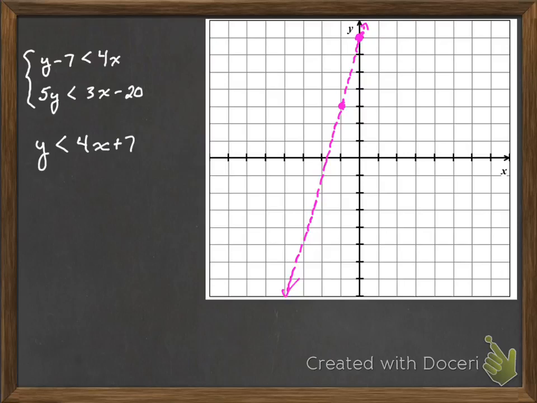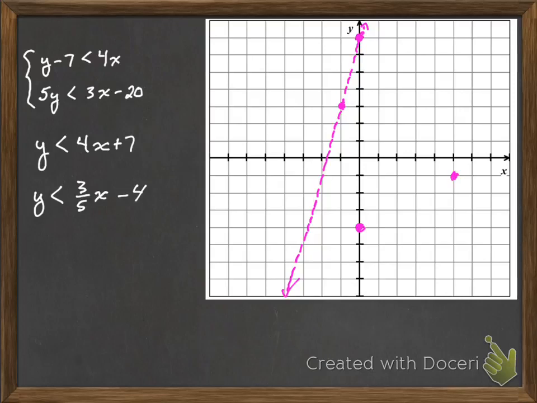All right, so the next inequality, we can solve for y by simply dividing by 5. That will give us 3/5 x minus 4. So negative 4 is your y-intercept. We'll rise 3 and run 5, so up 3 and over 5.